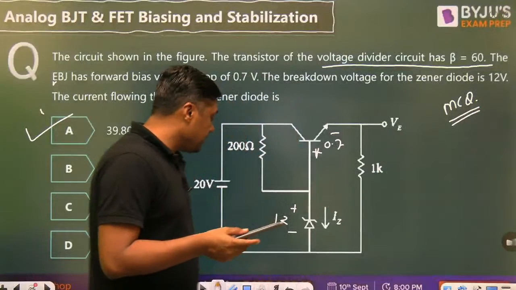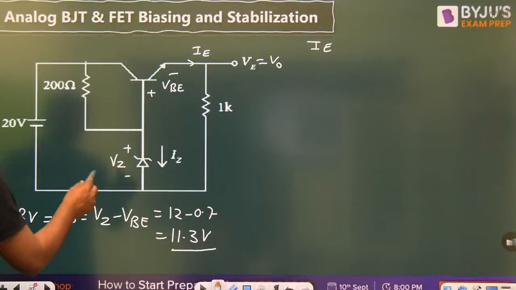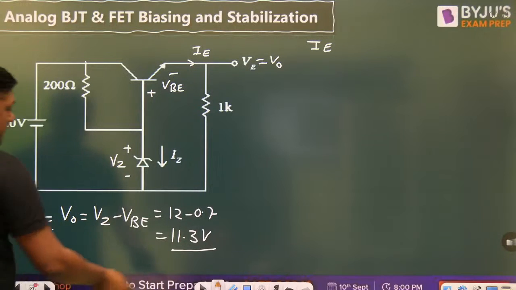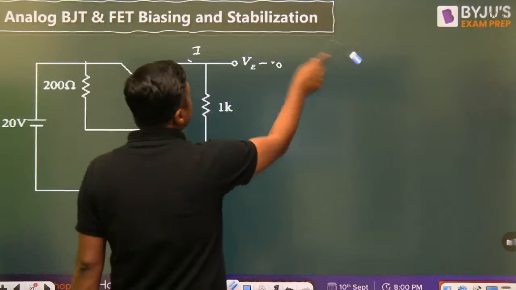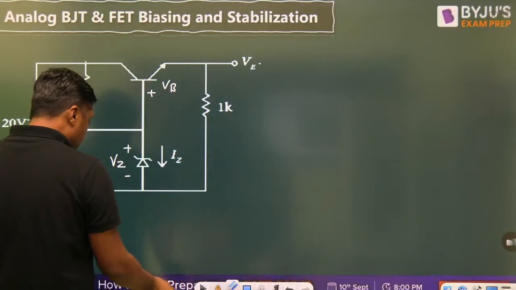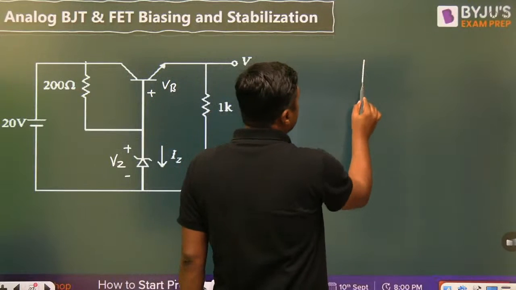Now, it is in a common collector configuration. How is it a common collector? Watch this diagram. Actually, you can change the orientation of this diagram. When I change the orientation, it looks like this.